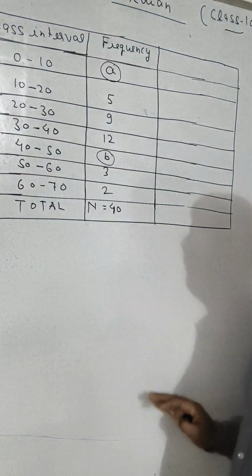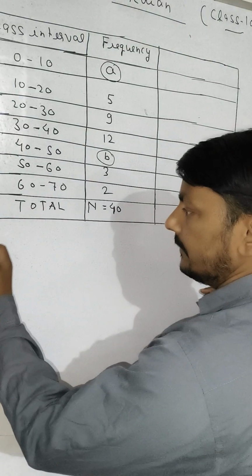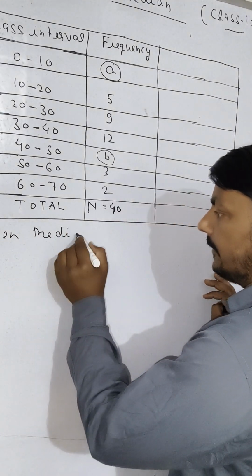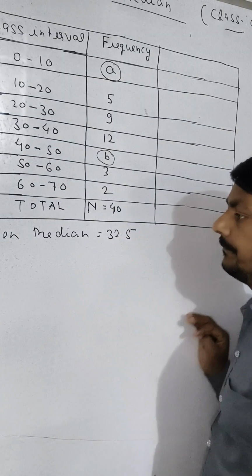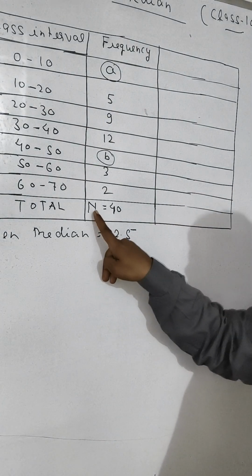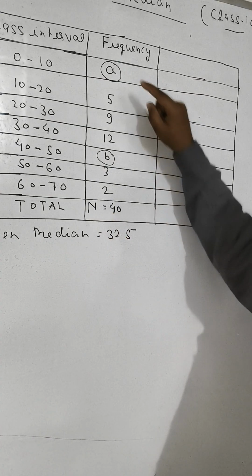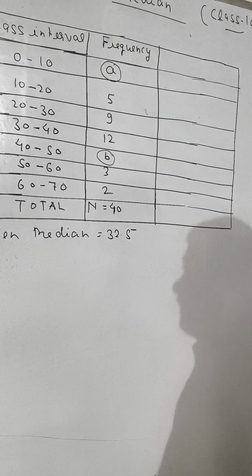Also, the median of the data is given in the question as 32.5, and the total number of frequencies is 40. So how will you calculate the values A and B, that means the missing frequencies of the given data?